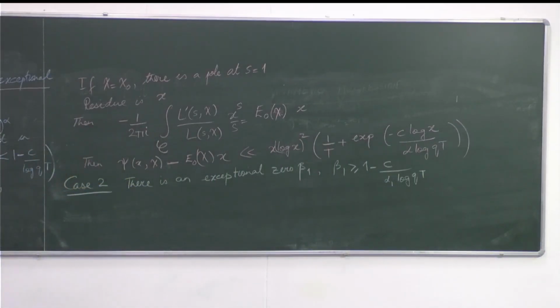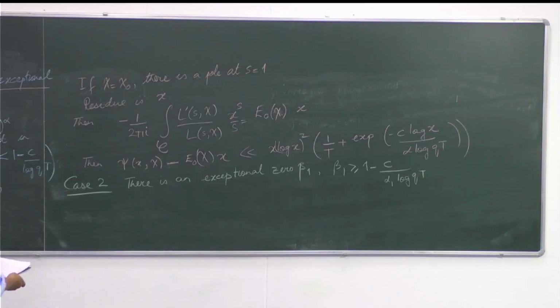By suitable choice of sigma 1, I'm going to get a pole in the contour.